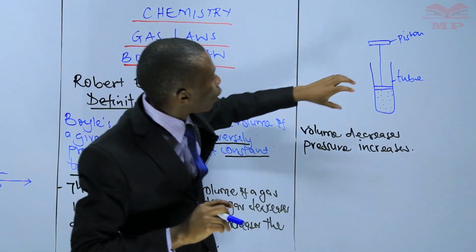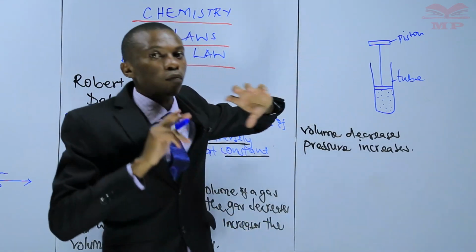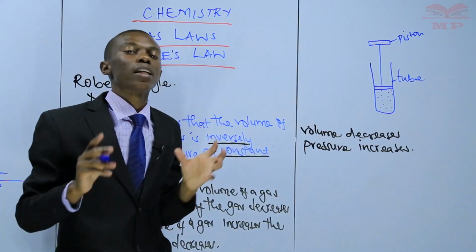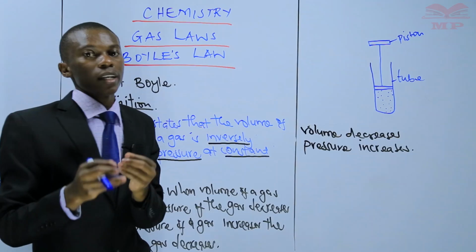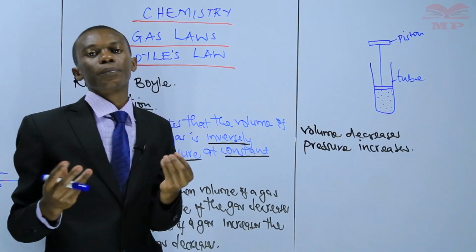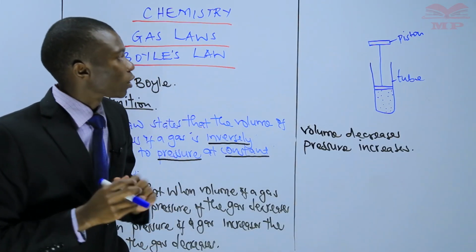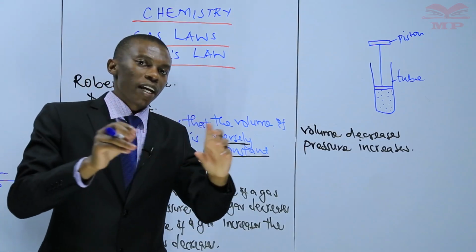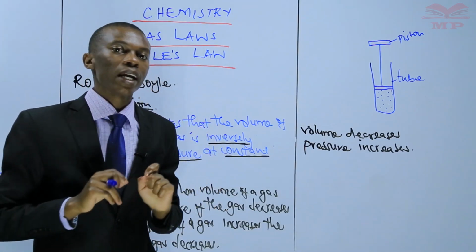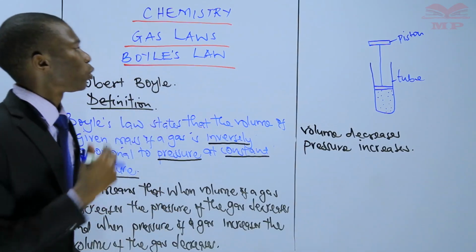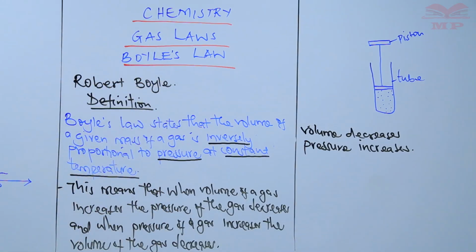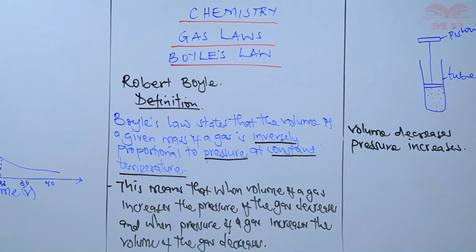And when you pull it upwards, the volume in the tube increases and the pressure decreases because the particles don't collide as much, since they are far apart from one another. I hope you understand that very well. So you can explain it using the piston, and I've also used a simple graph to explain Boyle's law.